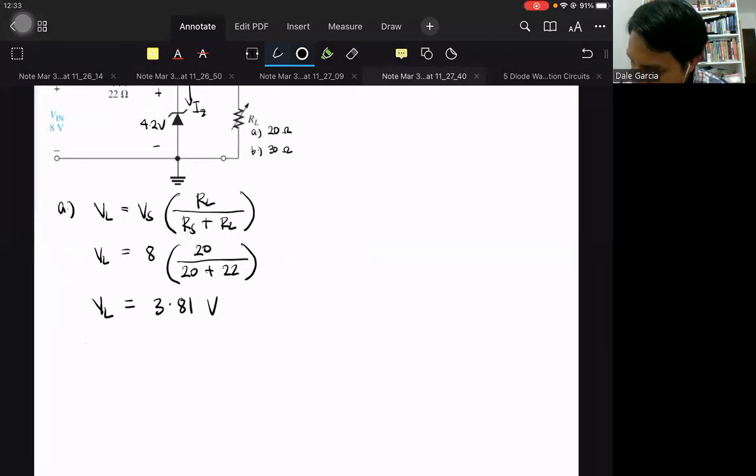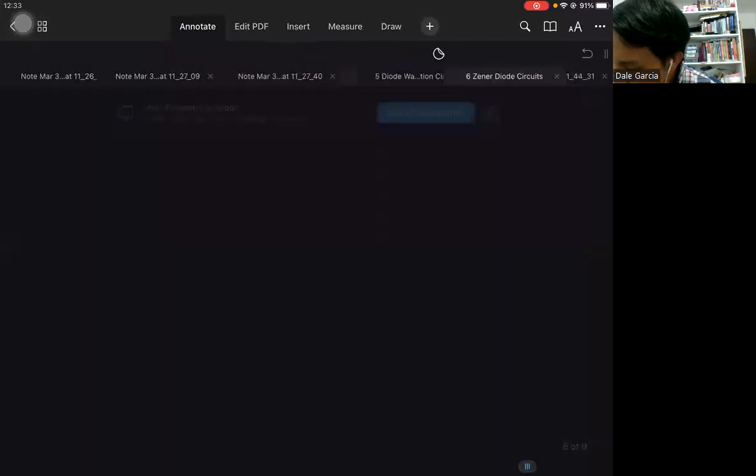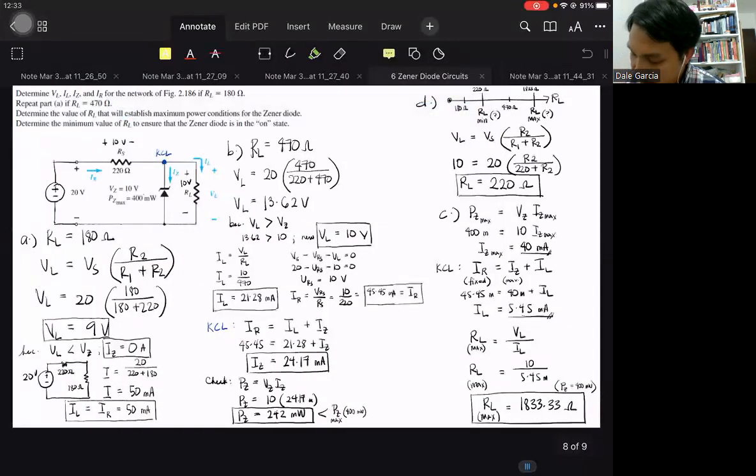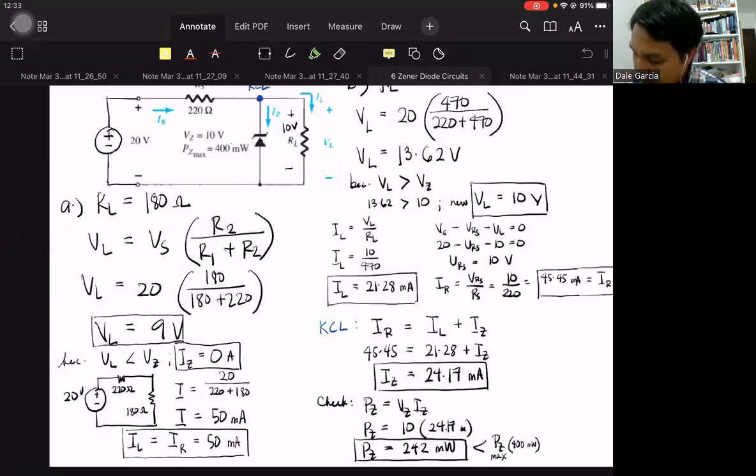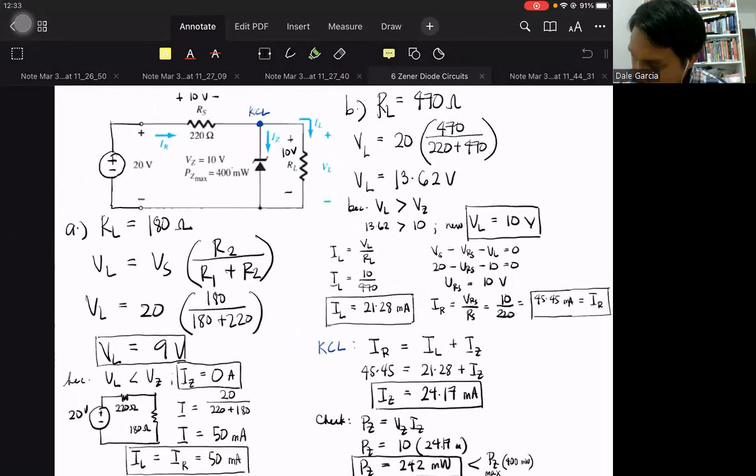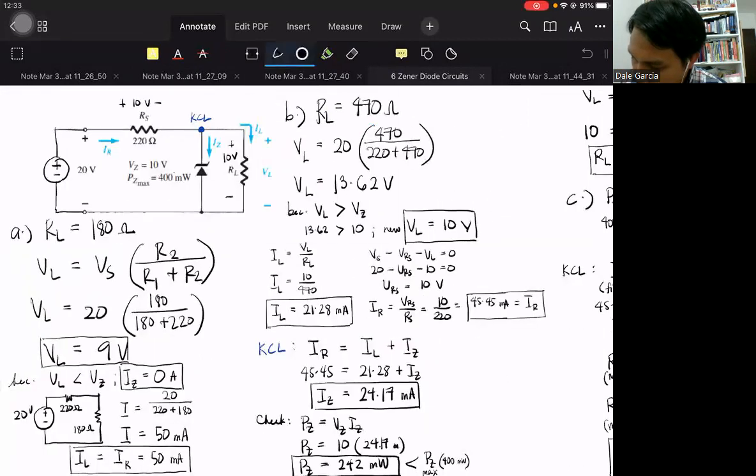So because VL is less than VZ, IZ is automatically equal to 0. Only example sa lecture. Because VL is less than VZ, IZ is automatically 0.